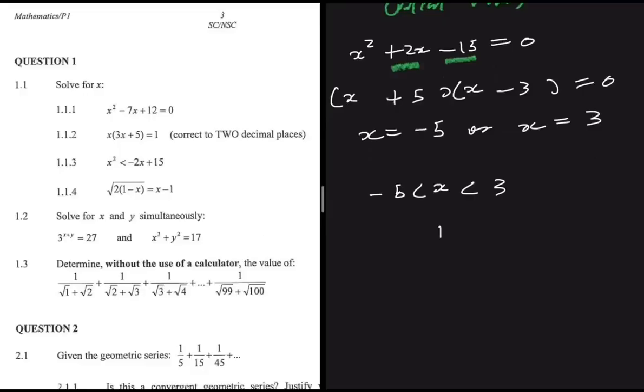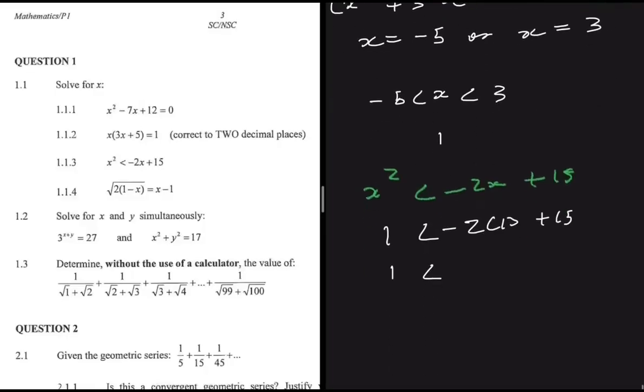So let's not forget that we started with x squared being less than minus 2x plus 15. If we take 1, we're going to get 1 squared on the left hand side, so that is 1, which is supposed to be less than minus 2 multiplied by 1 plus 15. So minus 2 plus 15 should be 13, right? And then indeed 1 is less than 13.